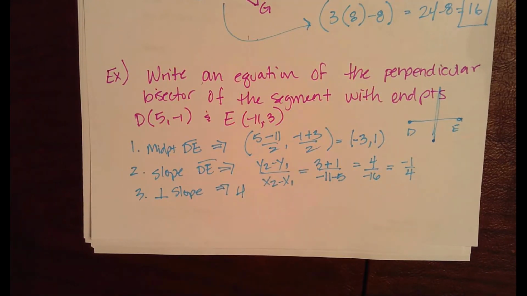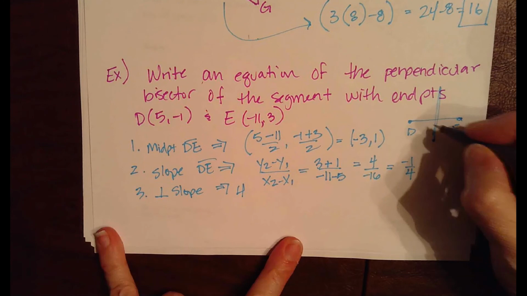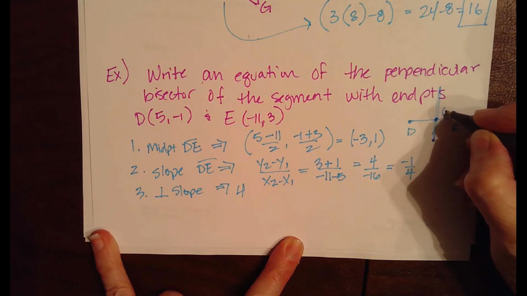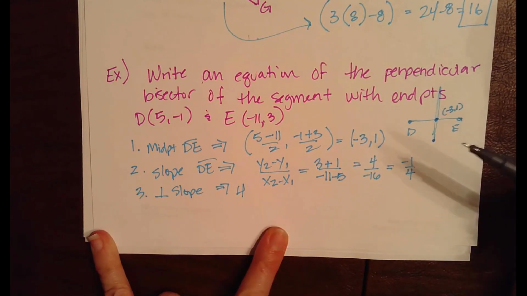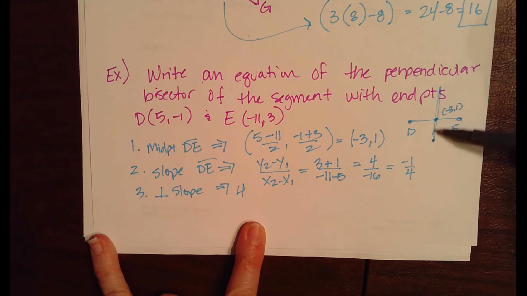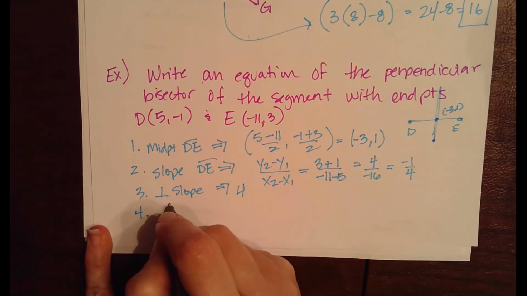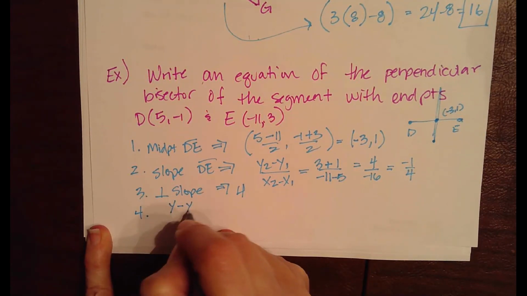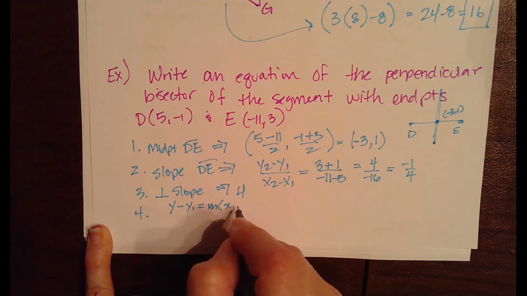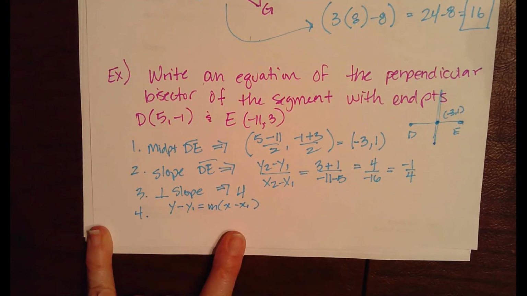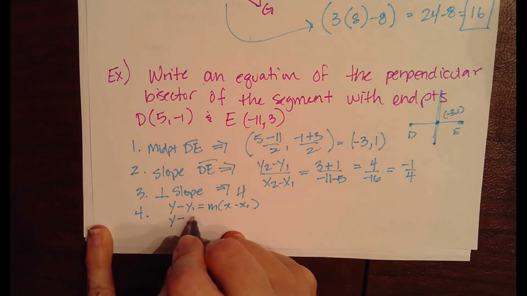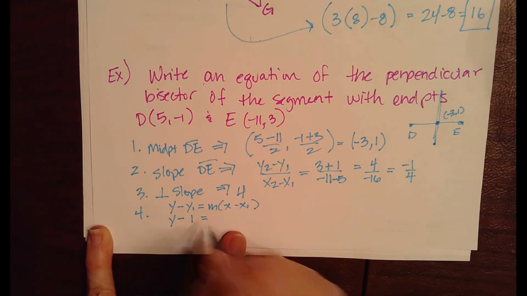So now we figured out this midpoint was -3, 1. We know the perpendicular slope is 4. So now we can write the equation of our line. We can go y minus y1 equals m times x minus x1. And so I'm going to plug in my midpoint, which is the point -3, 1, and my perpendicular slope.